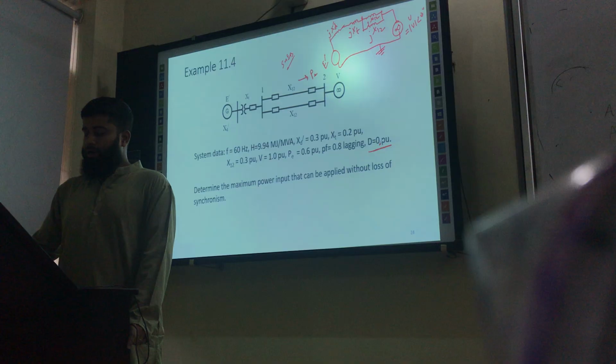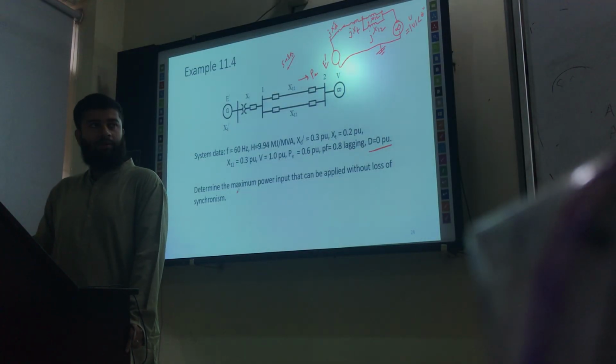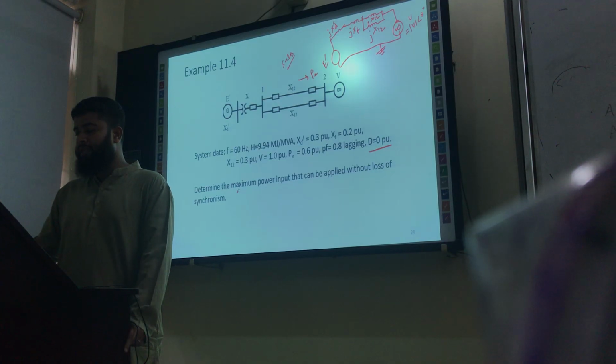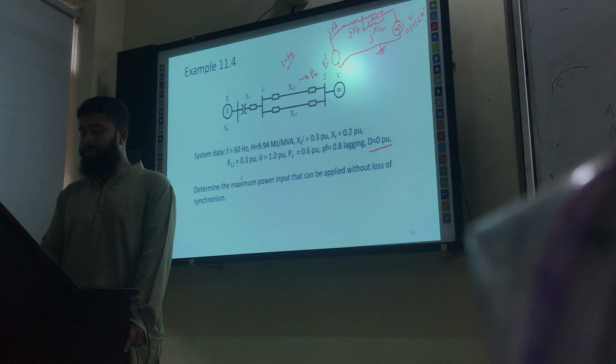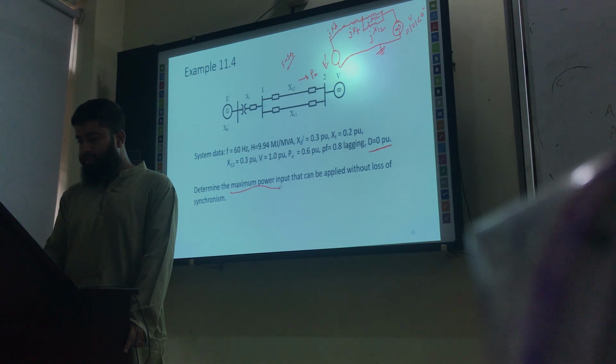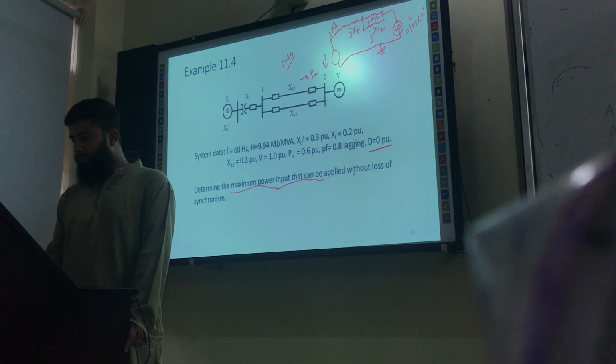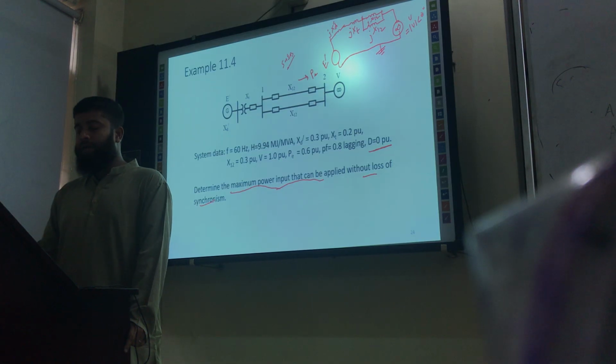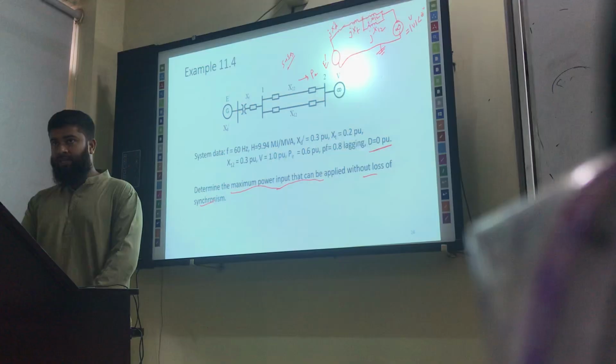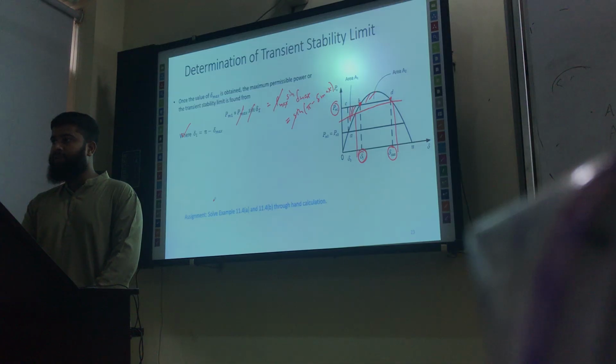Then what is asked? Determine the maximum power input that can be applied without loss of synchronism. What does it mean? Actually, this is the same as the transient stability limit, right?